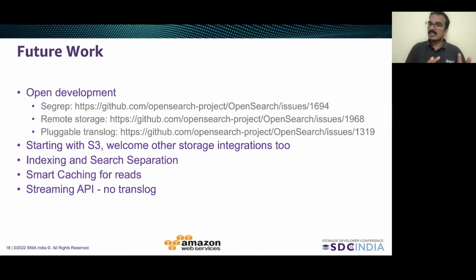Indexing and search separation is one of the future works that we are thinking about. Right now, the primary and replica both are serving the reads. It has some challenges, as we won't be able to optimize each of the nodes for a particular use case, because both are doing query and indexing.